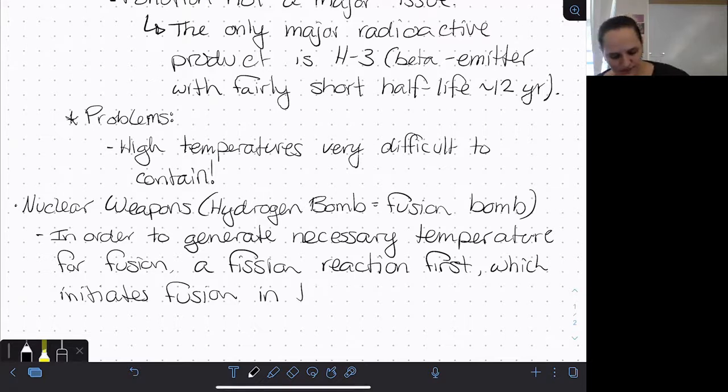The fuel for the fusion portion is what's known as lithium deuteride.